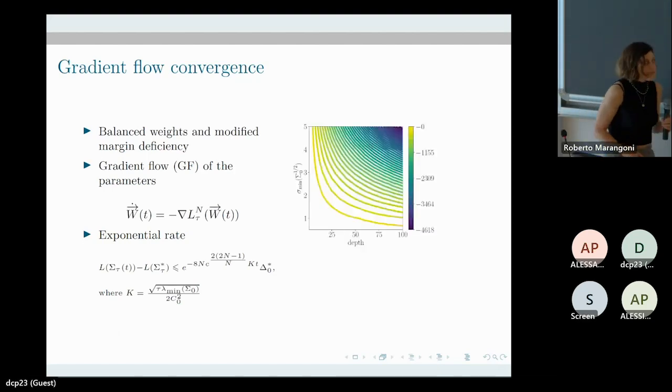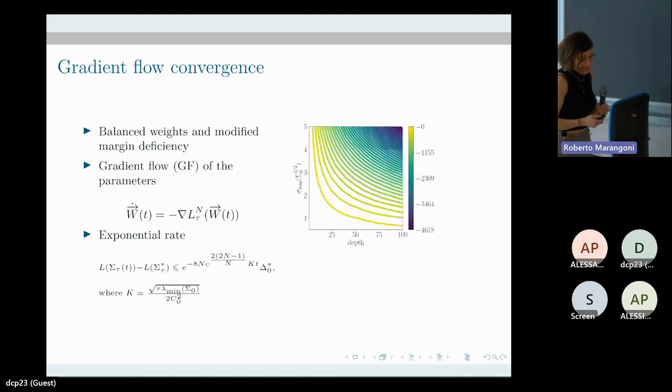Then we see with these hyperbolas, when we vary the minimum singular value and the depth, that we still have this linear dependency for the convergence rate.